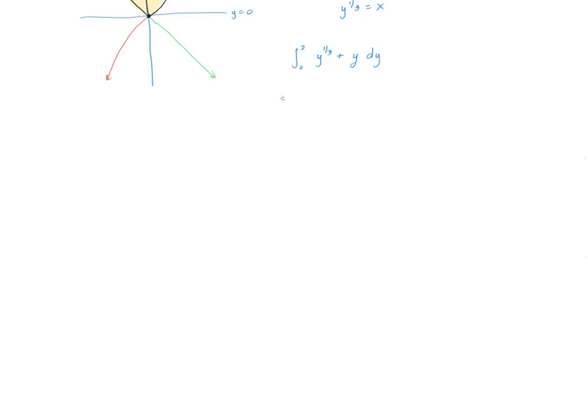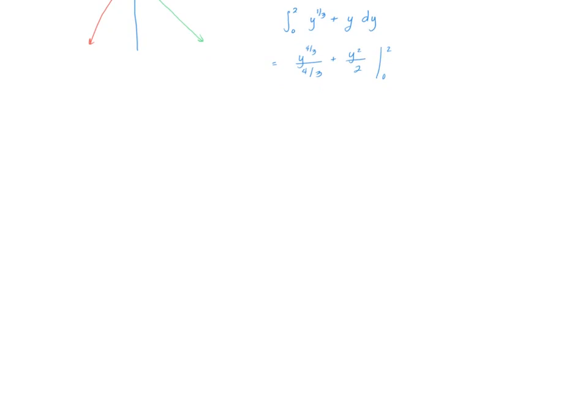All right, so now it's going to be y to the 1/3 plus 3/3, so y to the 4/3 over 4/3 plus y squared over 2. And I'm evaluating from 0 to 2.